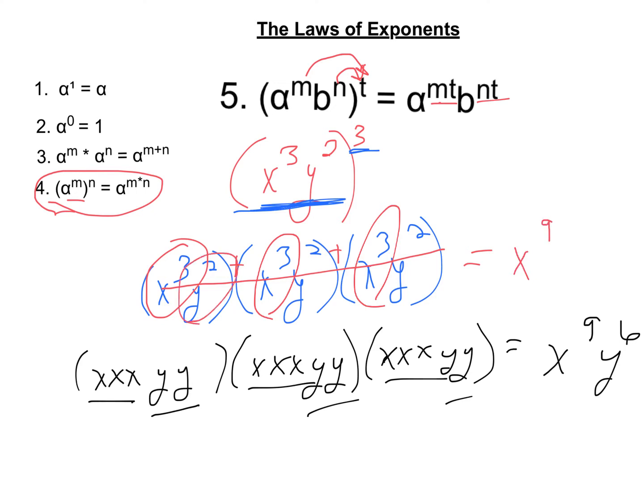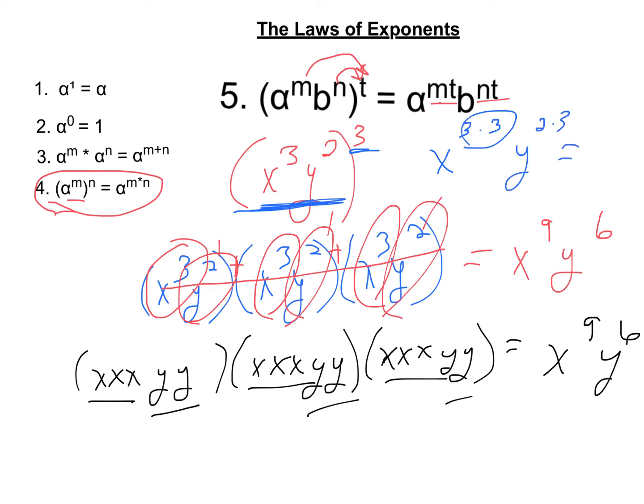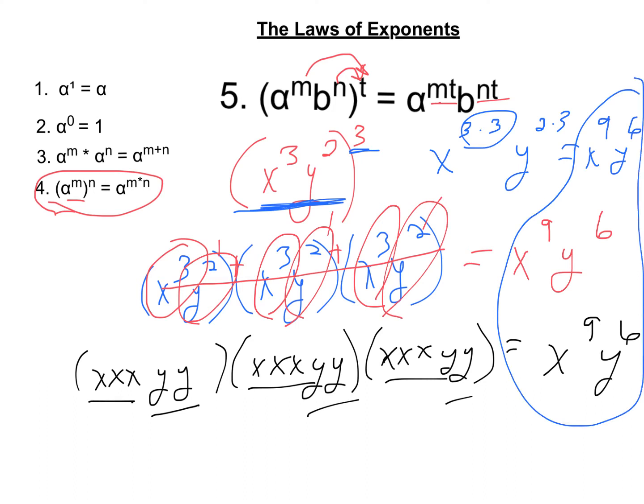Then y squared, and y squared, and y squared. 2 plus 2 is 4, plus 2 is 6. Or using our new rule, I can say this is x to the 3 times 3 and y to the 2 times 3. Well, 3 times 3 is 9 and 2 times 3 is 6. Look at that. All nice and neat.